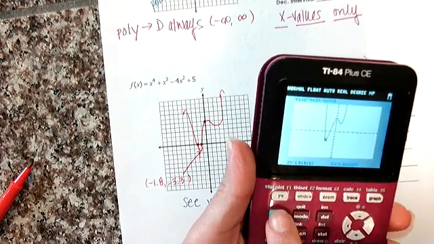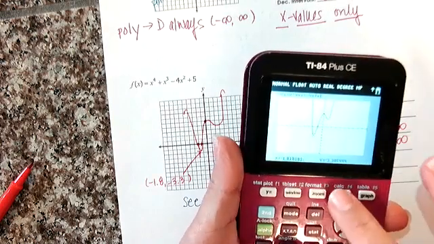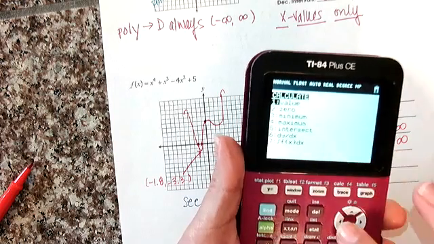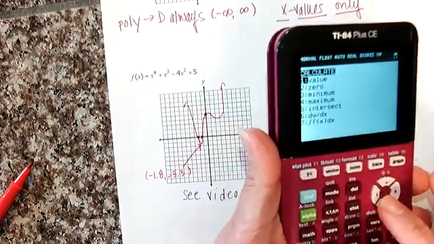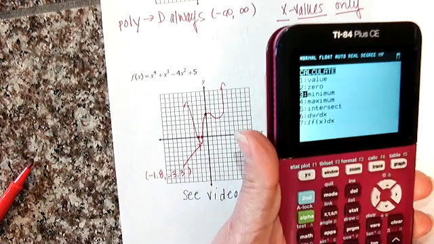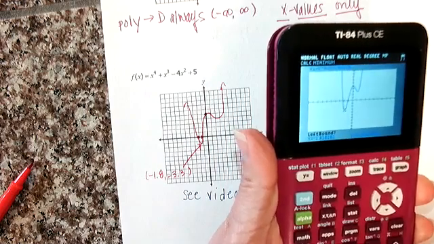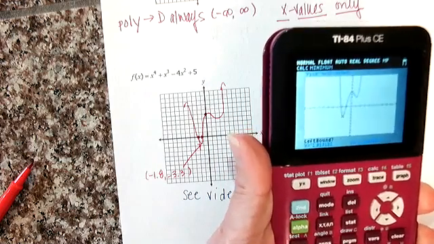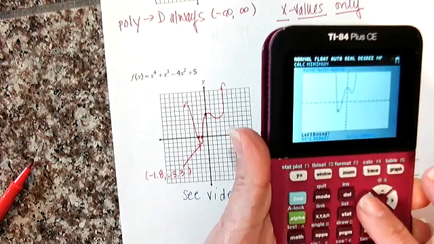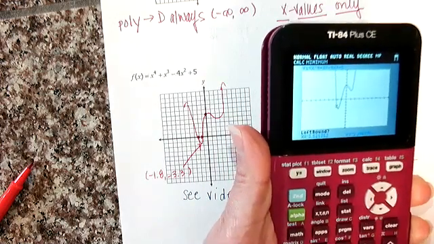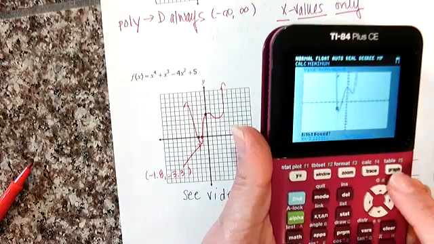So on the calculator, I'm going to go second, trace, and notice that one of my choices is minimum. So either arrow down to 3 or push the number 3. And again, it's going to ask me this left bound question. So I'm going to go to the left of the point somewhere, push enter. Now it says right bound.